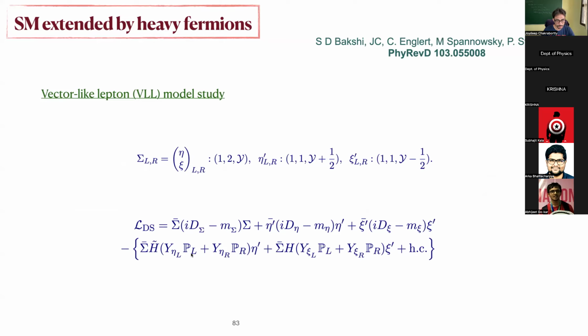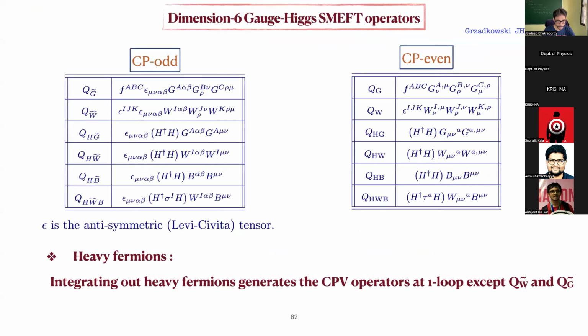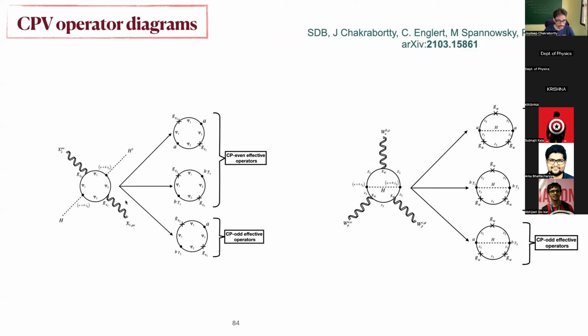So what you do is write P_L as (1 − γ5)/2 and P_R as (1 + γ5)/2, and then you find that A is basically (y_ηL + y_ηR)/2, and B is (y_ηL − y_ηR)/2. That's all. And so you have couplings where A is not equal to B. That's why it is A + Bγ5. And similarly, there's another vertex, A + Bγ5.